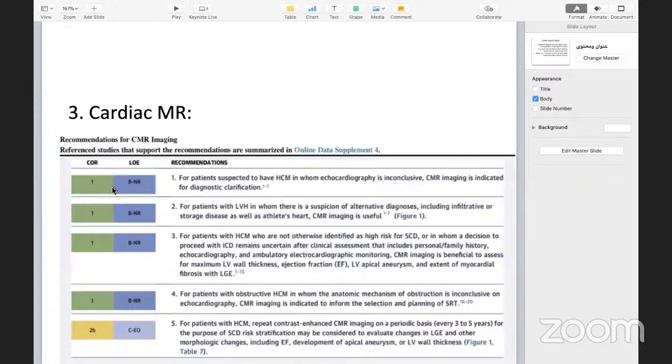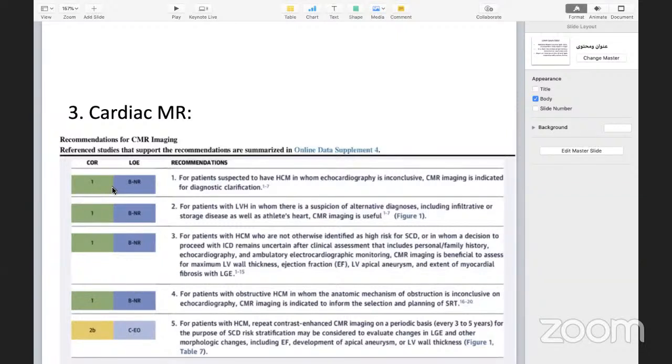For the cardiac MRI, the recommendations are that you don't usually do cardiac MR unless the echo is not conclusive, okay? Or, for example, you are suspecting an alternative diagnosis, or you are suspecting apical hypertrophy or apical aneurysm, and so on.